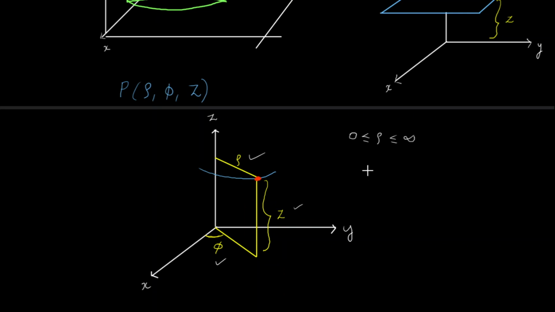That means the cylinder which is needed to visualize this point P can be as small as 0.01 radius, and it can be as large as 1 lakh, 10 lakh kind of radius. So, it can vary between 0 and infinity.